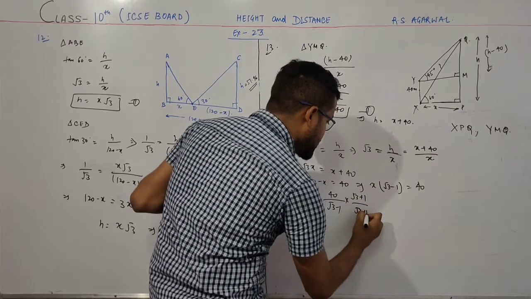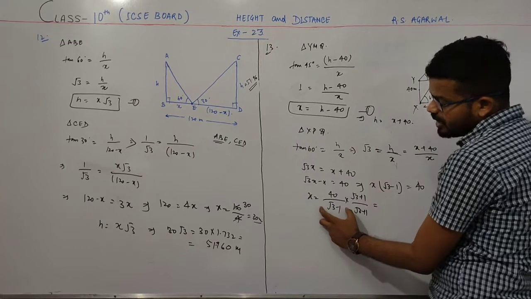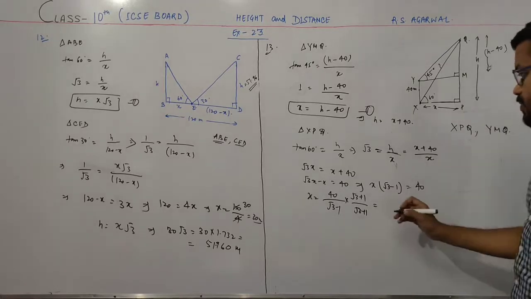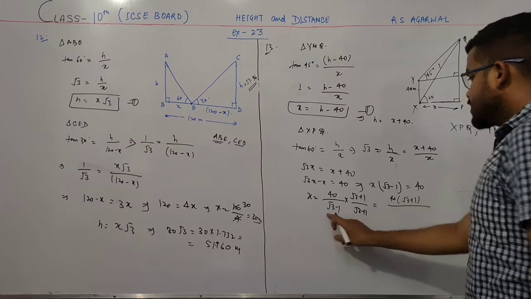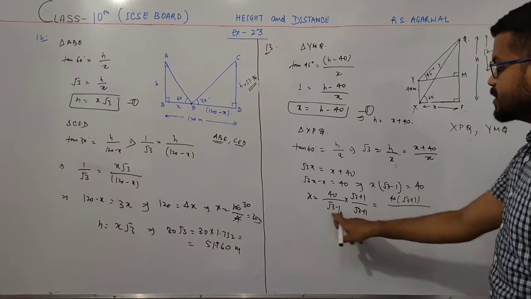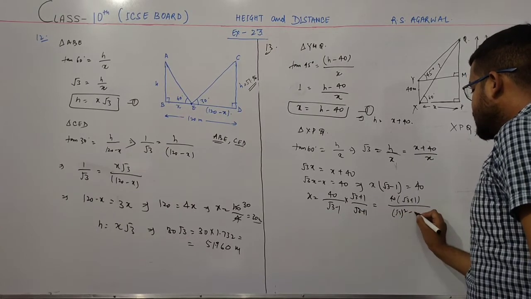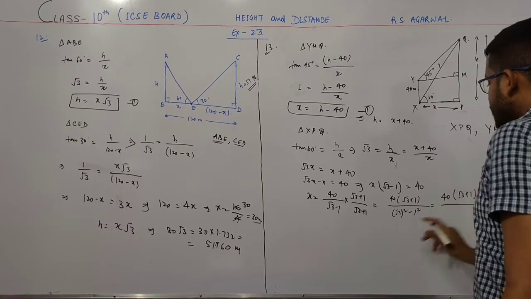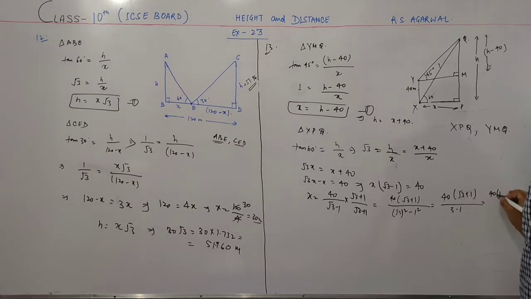Whenever you get a root value in the denominator, you rationalize. Using a minus b and a plus b, this is a square minus b square: root 3 squared minus 1 squared. So this is 40 times root 3 plus 1 upon 3 minus 1, which is 40 times root 3 plus 1 upon 2.